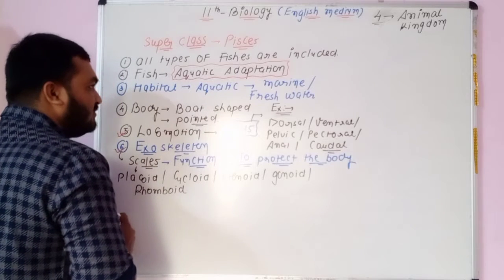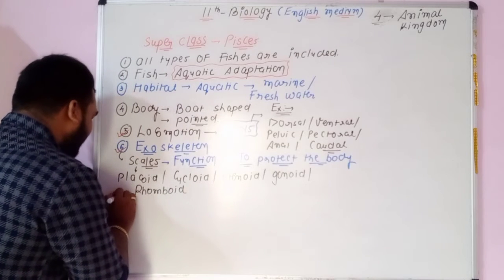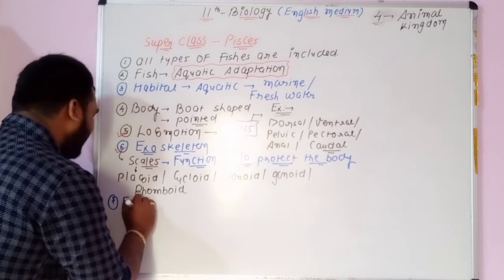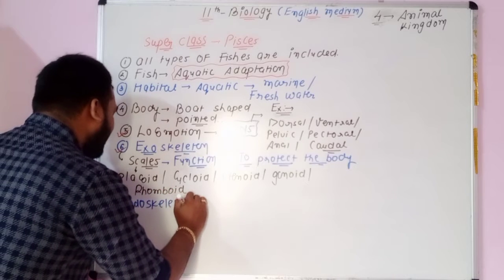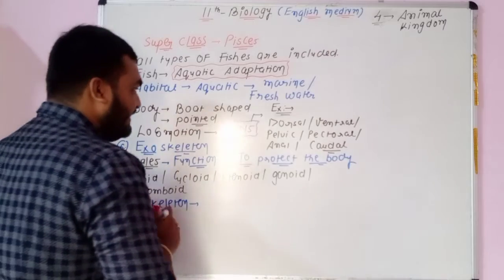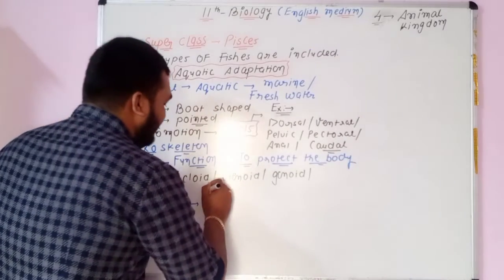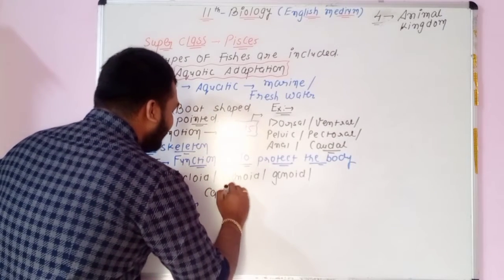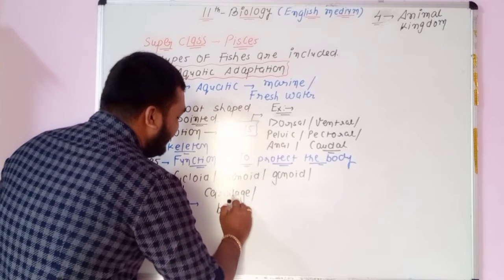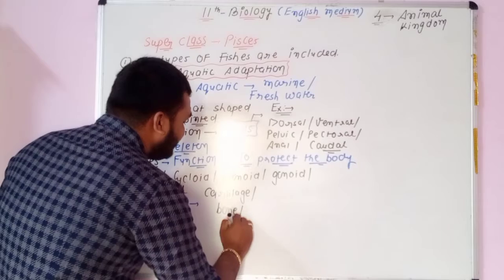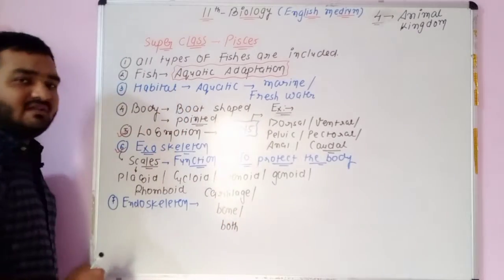Now point number 7, the endoskeleton. The endoskeleton of fishes is made up of either cartilage or bone, or both are present, depending upon the fishes.